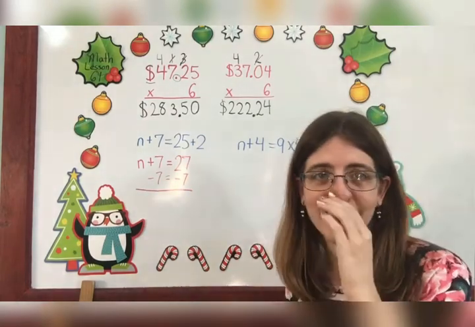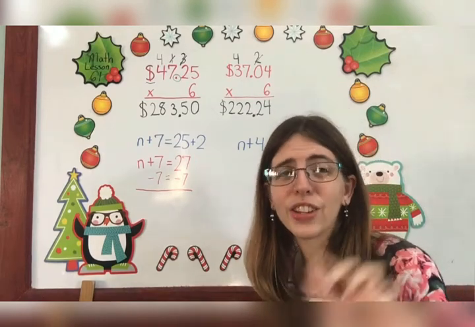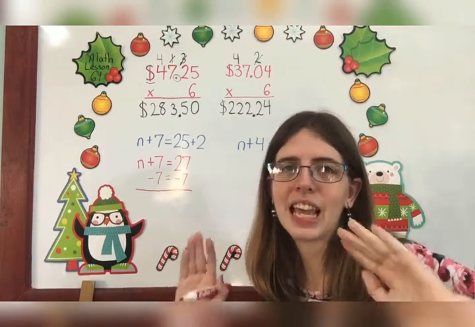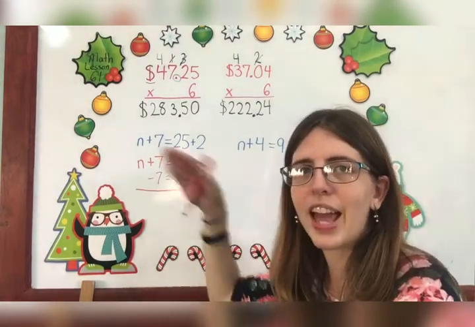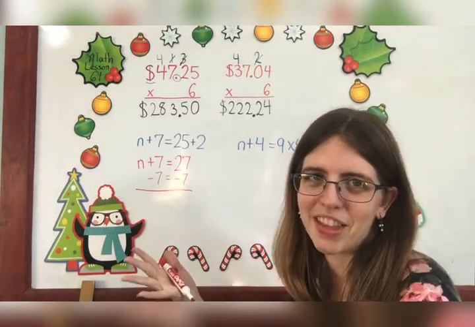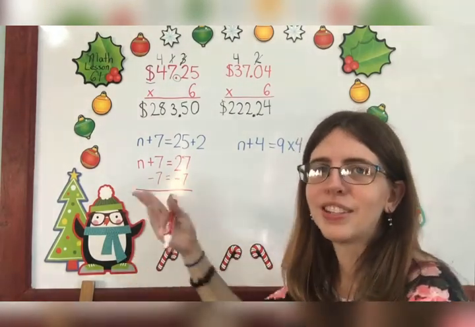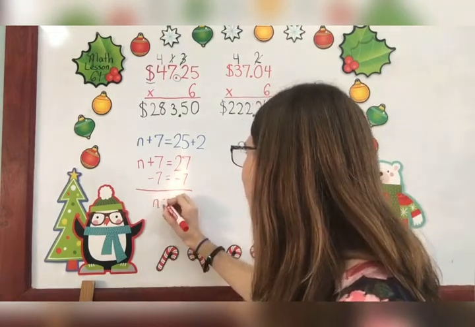Now you might be thinking, Miss Ashley, this looks a little different than how you did it before. Yes, it does, but it's the same thing. Instead of writing the minus 7 next to the plus 7, I wrote it just below. 7 minus 7 is 0. So n plus 0 is just n. So I'm left with n.